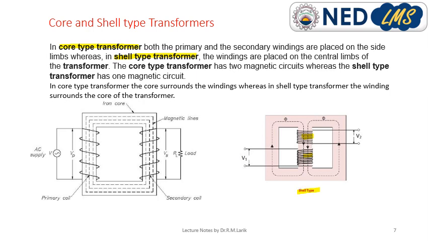Whereas shell type transformers are popular in low voltage applications like transformers used in electronic circuits and power electronics converters. Mostly the core type transformers are popular in high voltage applications like distribution transformers, power transformers, and obviously autotransformers.